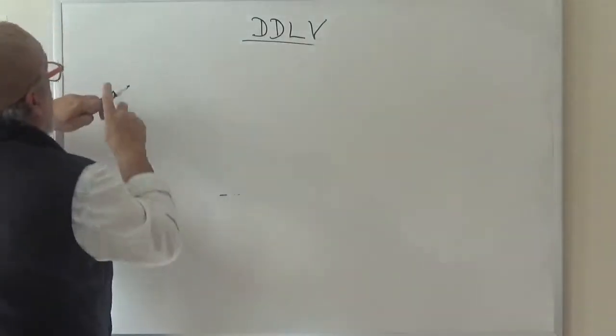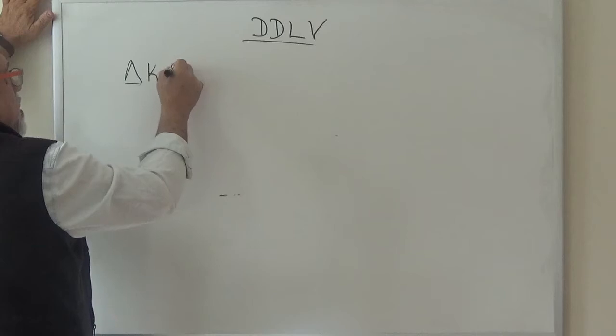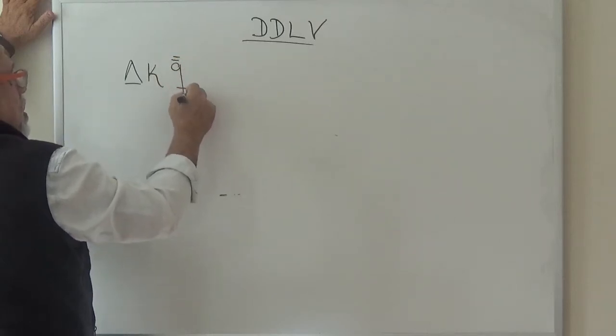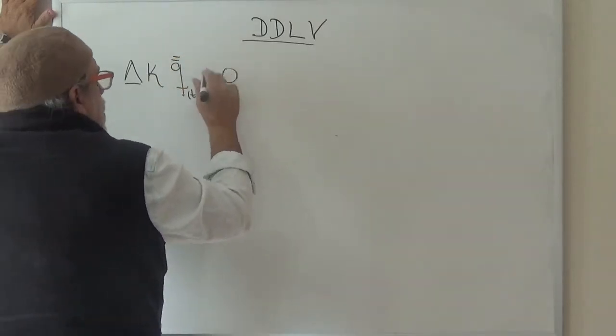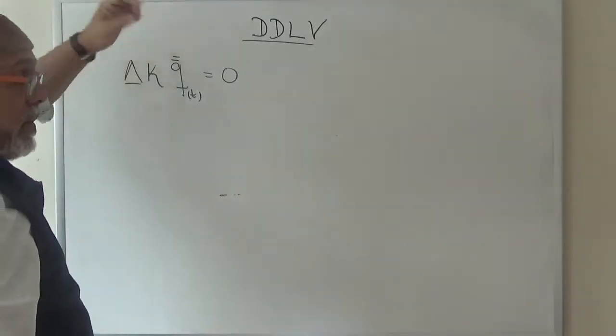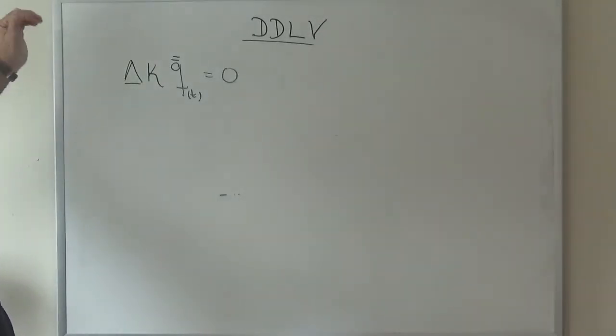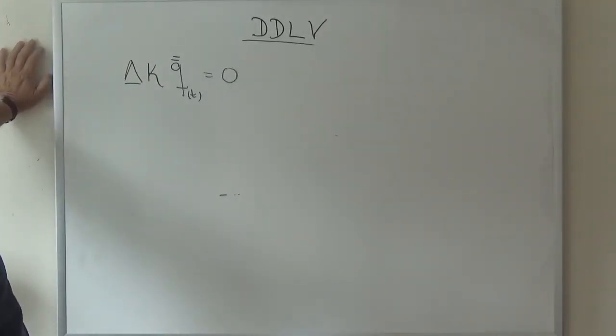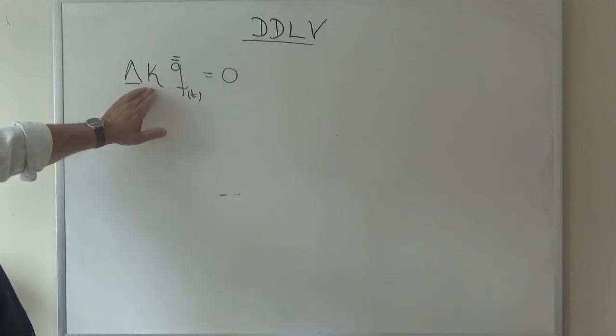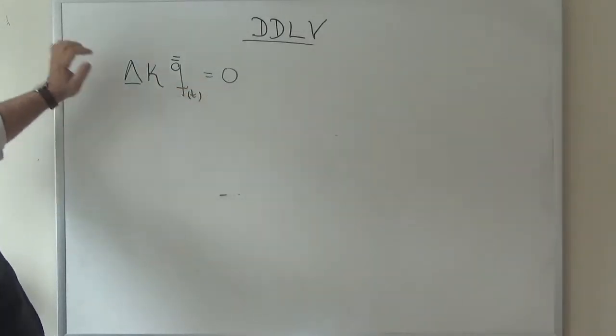So we have delta K, the change in the stiffness matrix due to the damage, times q double bar T is 0. We don't know this q double bar T, right? In fact, we don't know anything. We're just laying out the mathematical constraints to see if we can learn something from it. So we have change in stiffness times q double bar equal to 0.